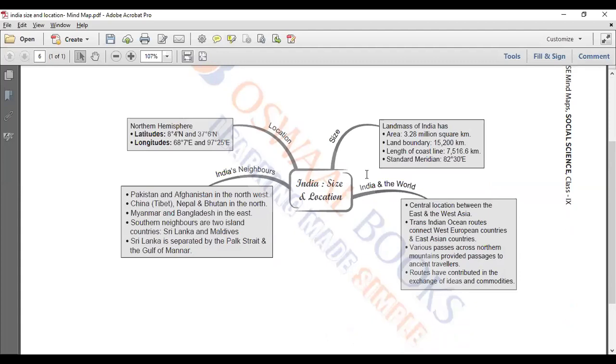Everything about the size of India, the area, the land boundary, the length of the coastline, the standard meridian, the location of India with the world, the sea routes, and how the mountain ranges gave a passage to the ancient travelers in the past, and the routes have contributed to the exchange of ideas and commodities.